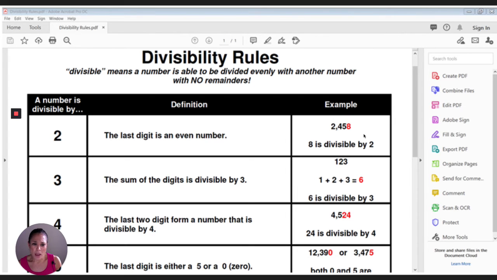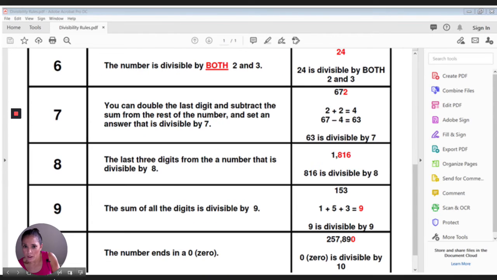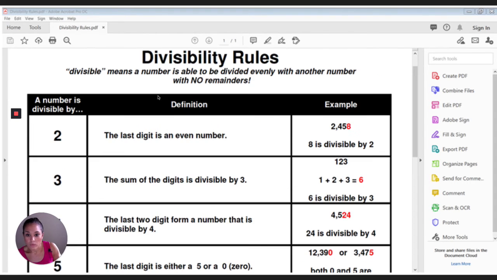And it should also add here that the last digit is an even number, or 0. Okay, so 2 can go into a number that ends in 0.